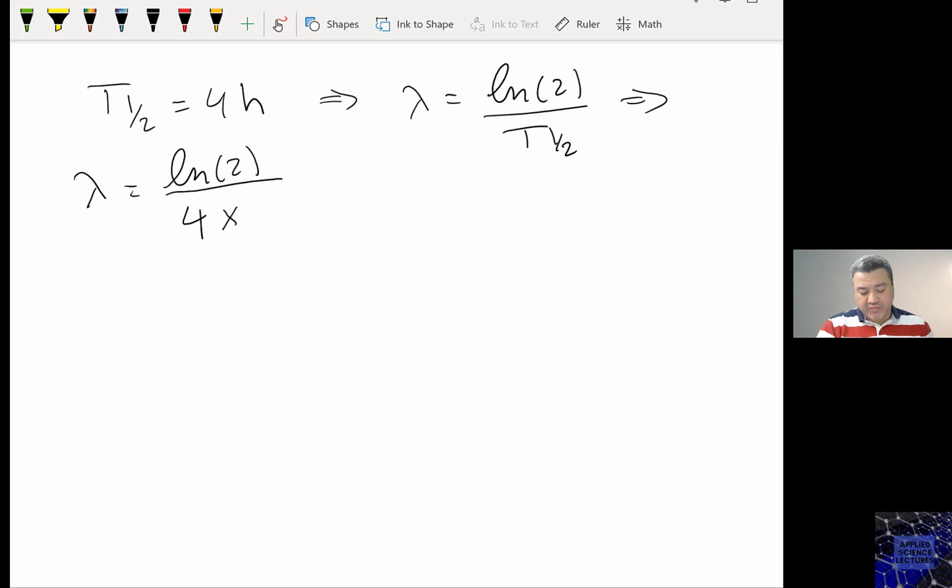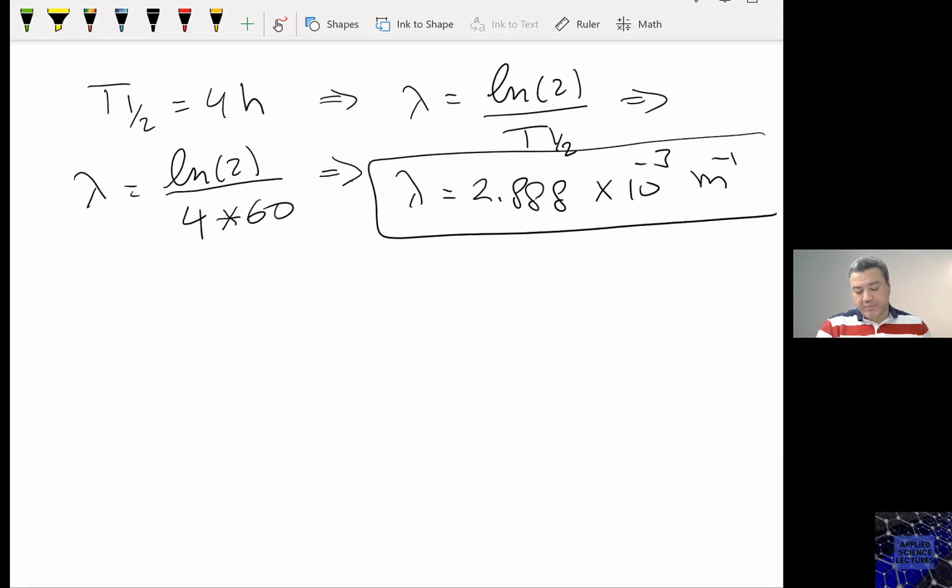We'll get this one in minutes, and then lambda would be 2.888 times 10 to the power minus 3 per minute. So this is lambda. Now, the nuclei number as a function of time is the initial number times e to the minus lambda t.